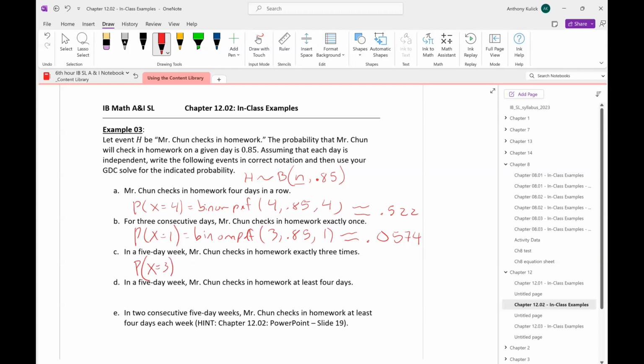Good. PDF or CDF? Good, because it says exactly. The n is? 5. Good. And then 0.85 is still a probability, and the x is? Good. When you type that in, tell us what you get.